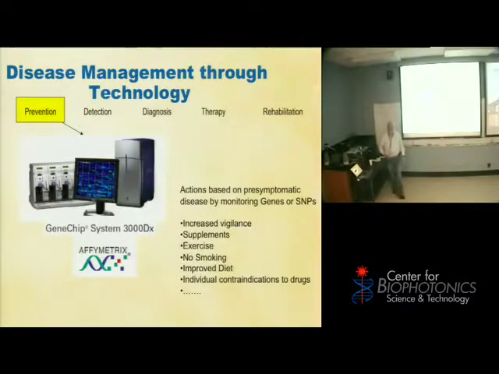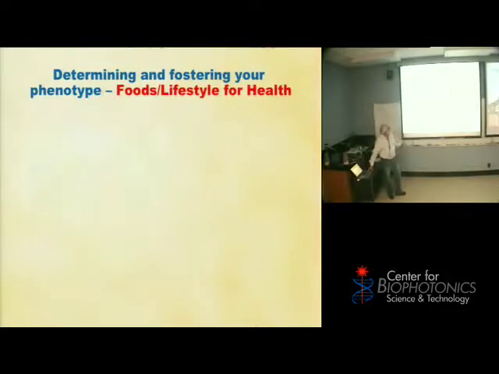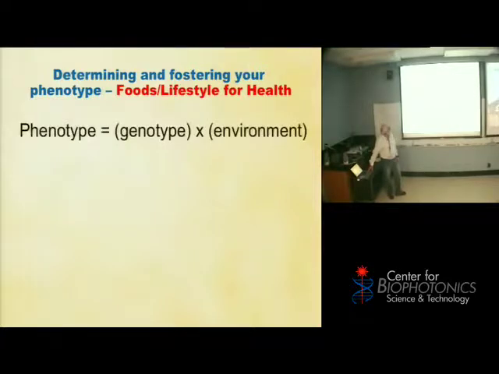This is probably real-time PCR, polymerase chain reaction, but the real-time is looking for fluorescence of these SNPs that are associated with certain genes that have been shown to be correlated with disease, although that is somewhat contentious at this point. The whole idea here is what you eat and your lifestyle determining your health.